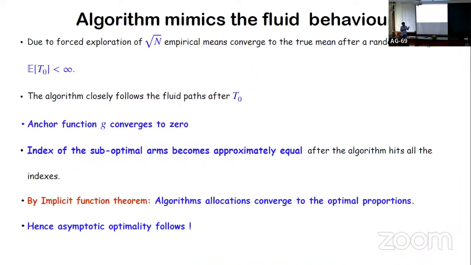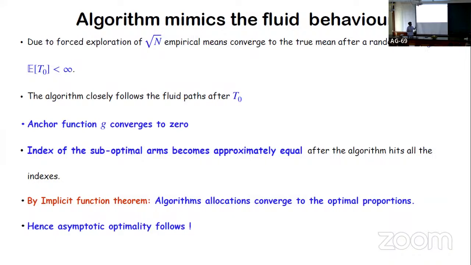So the algorithm doesn't know mu1 to mu_k, but what it does is forced exploration. At every iteration, if some arm has less than square root n samples, then I give it some samples. This ensures that every arm at some iteration n, where n is larger than some constant, has omega of root n samples, and because of that the empirical means converge to the true mean at some rate.